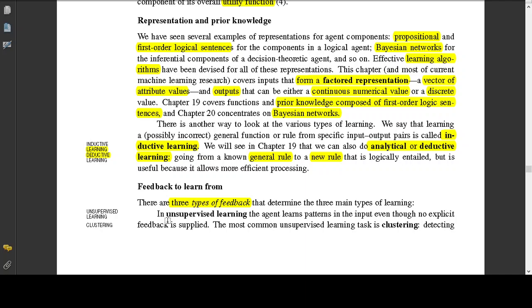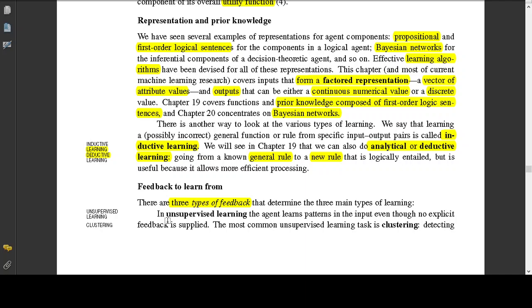If I feed an image of a flower and it says that it is not a flower, I have to correct the system by saying that no, it is an image of a flower. So that is the labeled data. I label it as flower or not flower, and from that the system can learn. That is supervised learning.